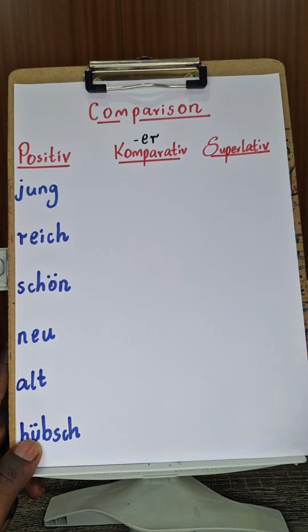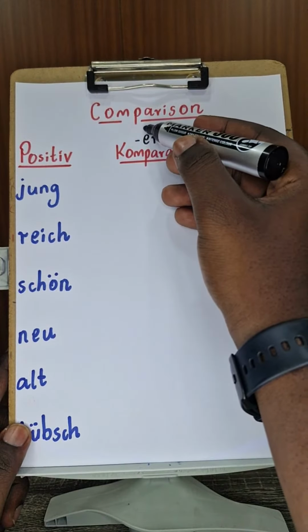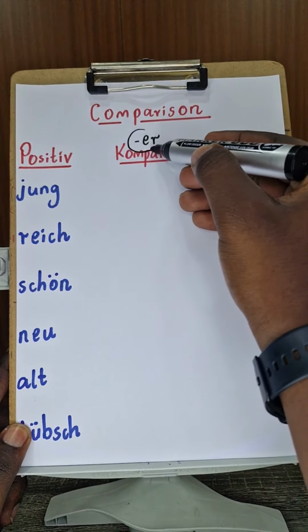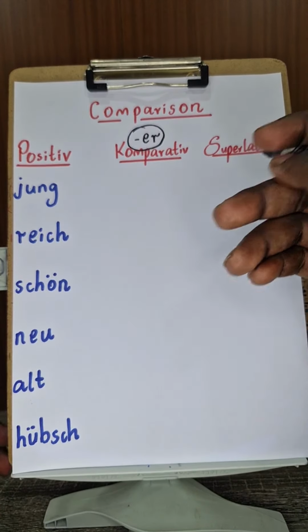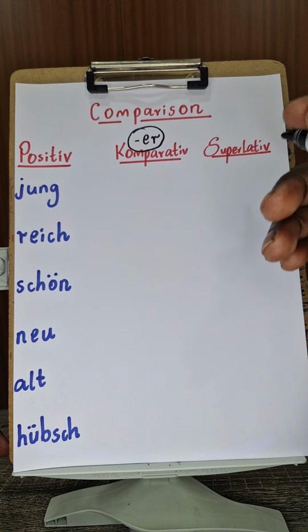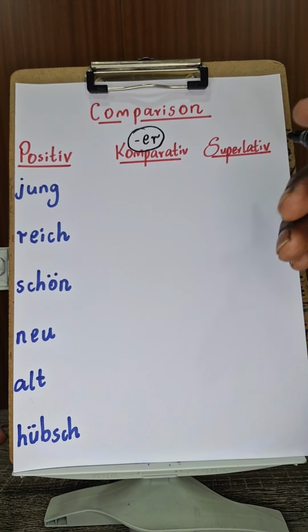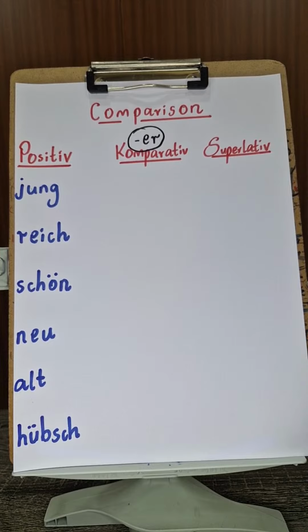Kindly note, when forming these comparative forms in German, they tend to have the ending er, almost like in English. And then there's also another exception. There are those which will acquire umlaut. All right, there are those which acquire umlaut, and then of course there are those which will not acquire umlauts, right?